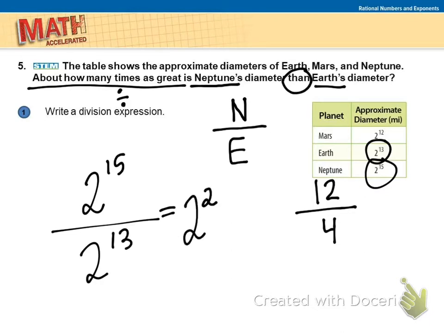All right, well, what is 2 to the second power? Evaluate it. It's 4, right? So the answer to our question would be Neptune's diameter is about 4 times as great as Earth's diameter. Does that make sense? Okay, y'all are going to work number 6 now, and then we'll be done.